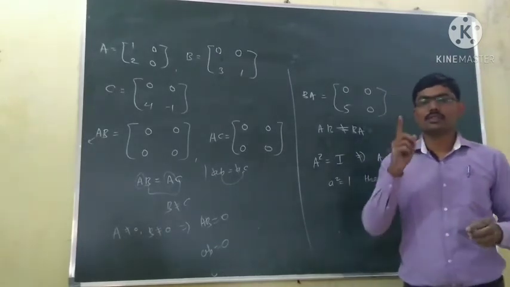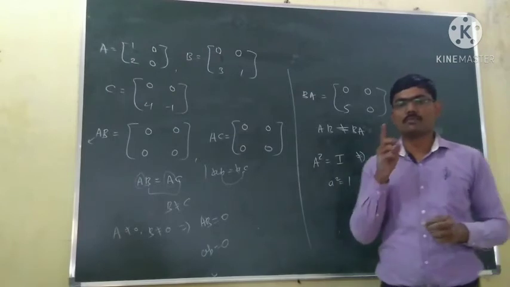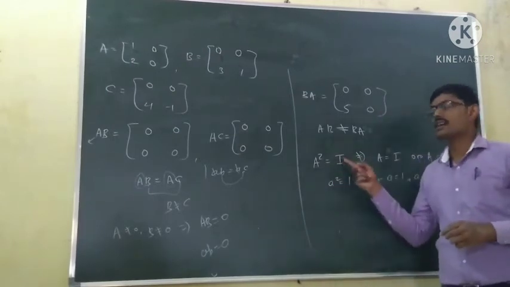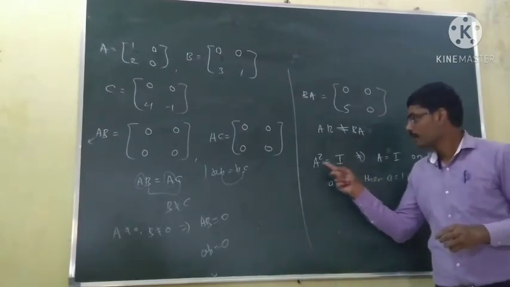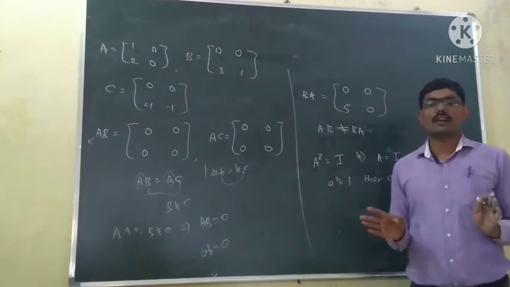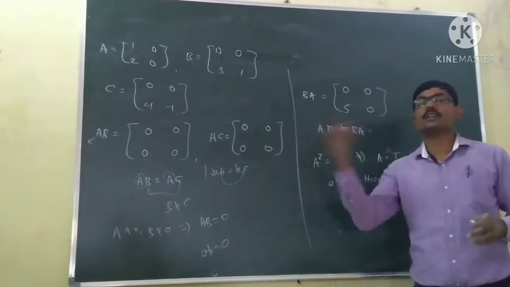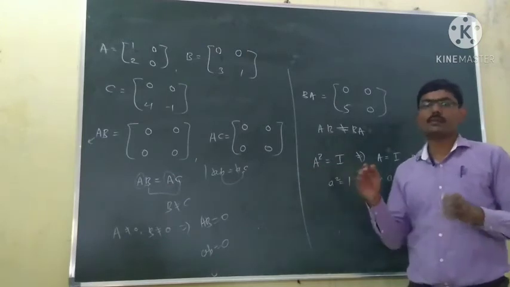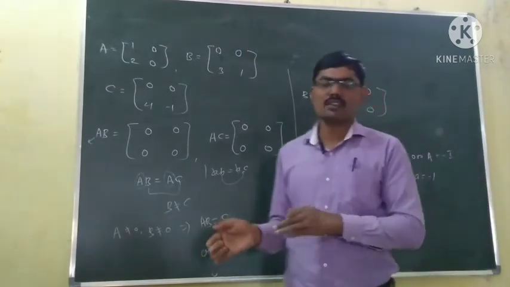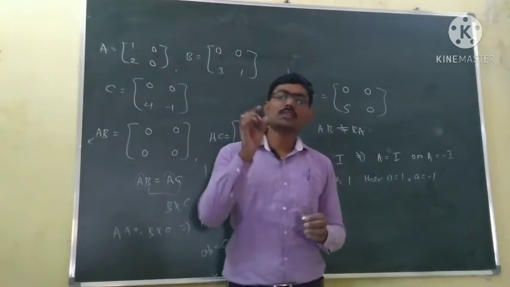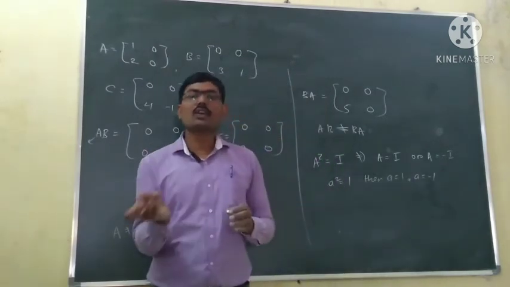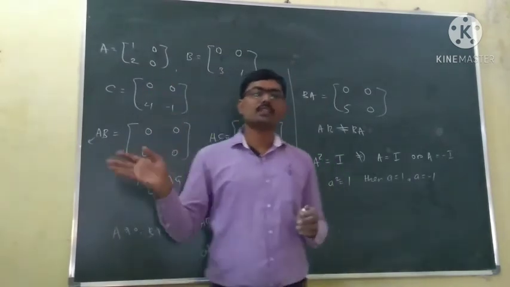I leave this as homework for you: find a matrix whose square is the identity matrix, but the matrix is not the identity matrix. It is some different matrix, but its square is the identity matrix. You can take a matrix of any order, 2 by 2 or 3 by 3. I suggest taking a matrix of order 2 by 2 which is not the identity matrix, but its square is still the identity matrix.